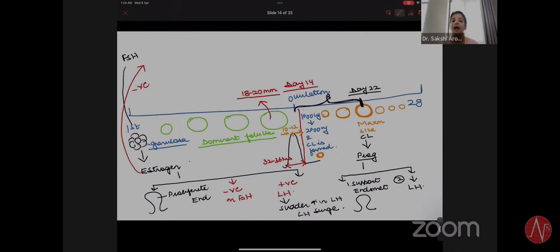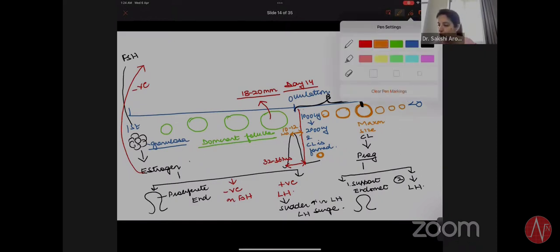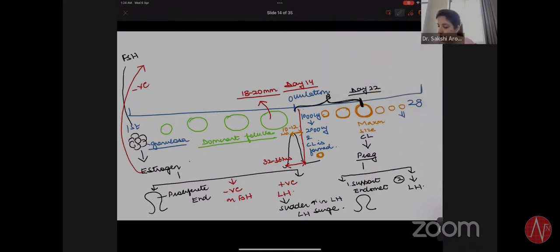right? And when corpus luteum will die, what is going to happen? There will be decreased progesterone. And because there will be decreased progesterone, progesterone का जो support था endometrium पे, that will be lost.